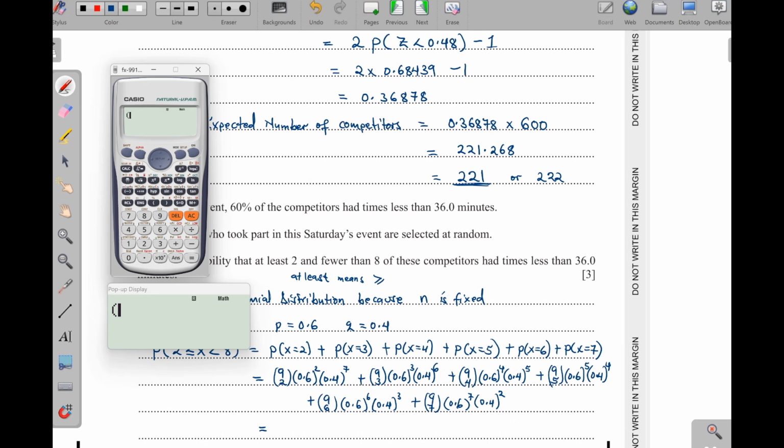So we have 9 combination 2. 9 combination 2 is 9 times 8 divided by 2. That one will be 36.